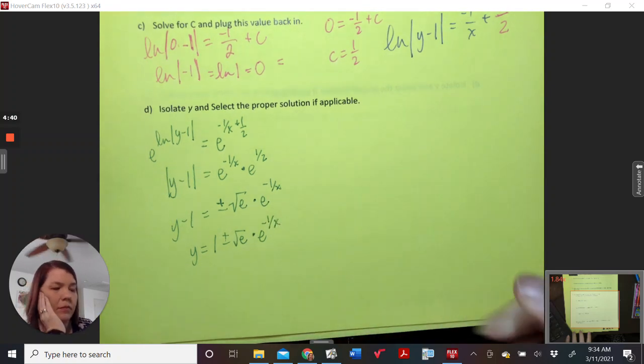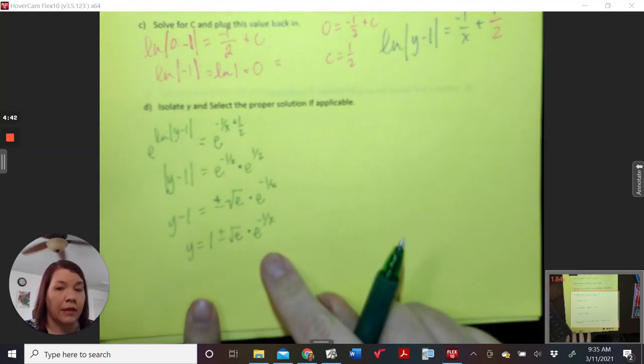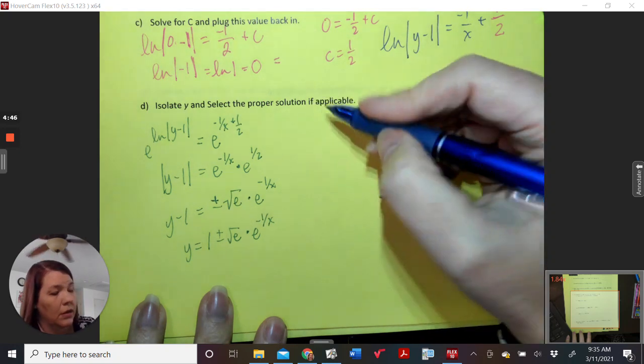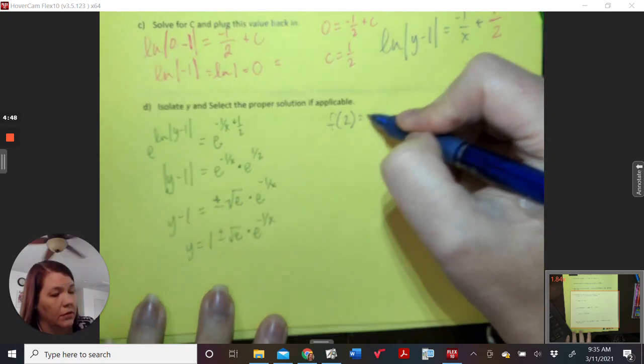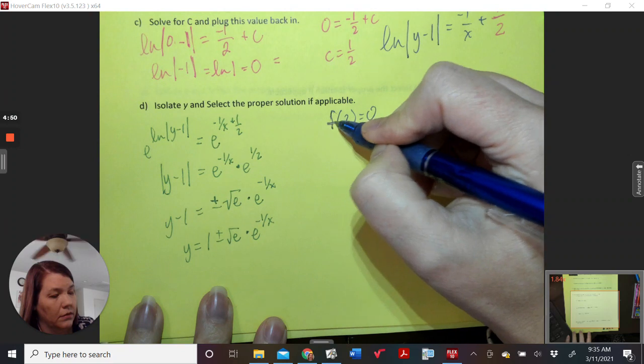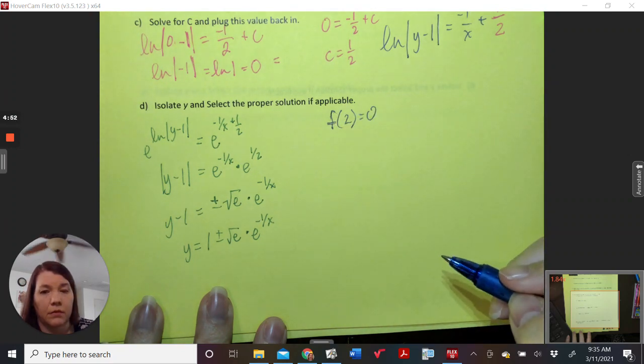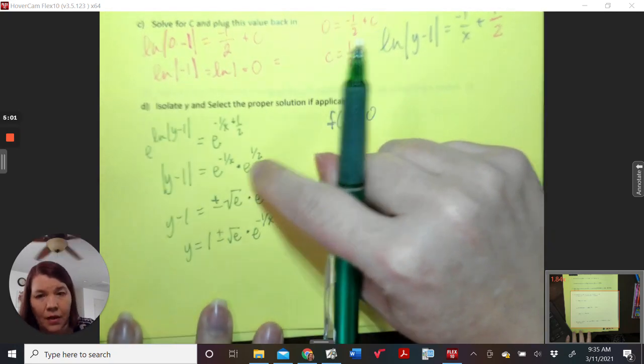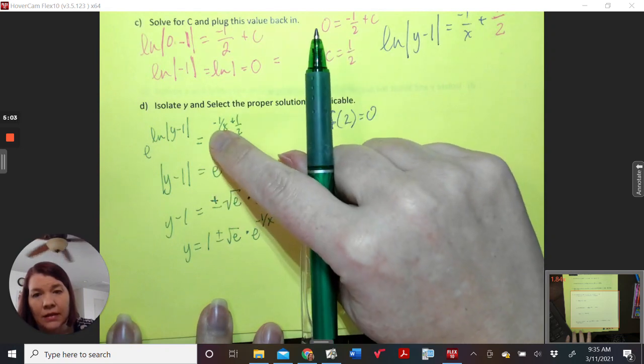I need to select the proper solution, my initial condition, f of 2 equals 0. By the way, if you leave this as e to the negative 1 over x plus 1/2 the whole time, it's okay.